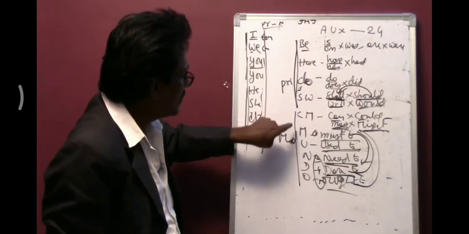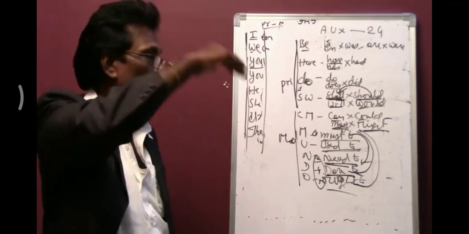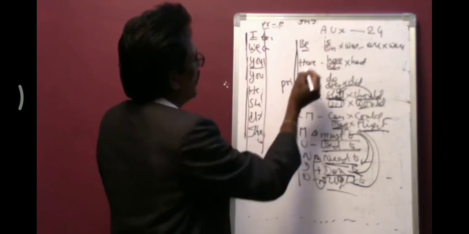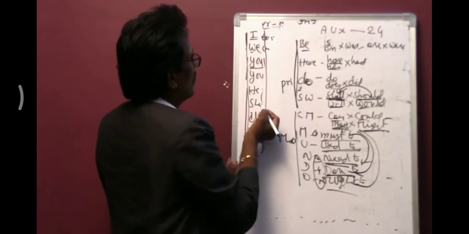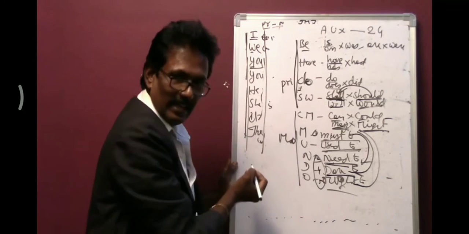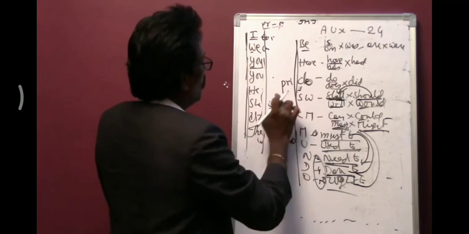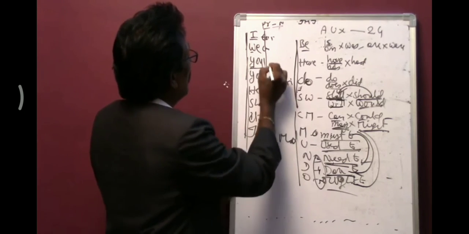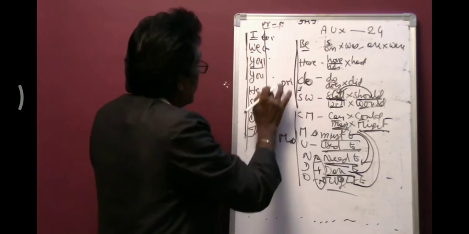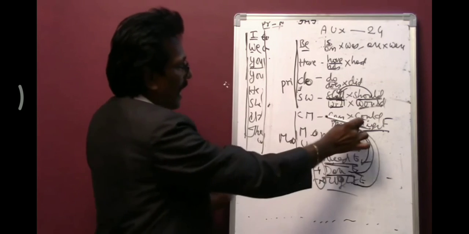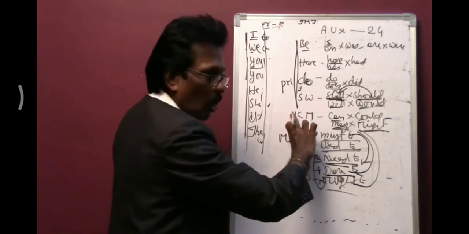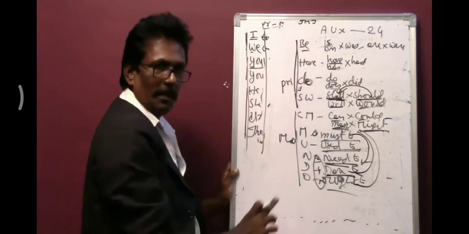But modal auxiliaries can suit any of the pronouns. For example, you cannot say "I is" or "you is". Only he, she, it carries is. In the same way, do is used with the plurals, and does with the singular. But can goes with every pronoun, and must goes with every pronoun. That is why these are called modal auxiliaries and those are called prime auxiliaries.